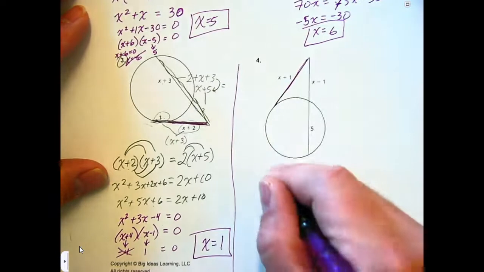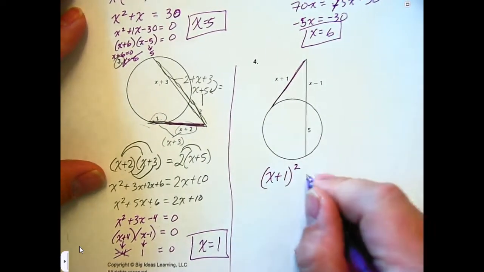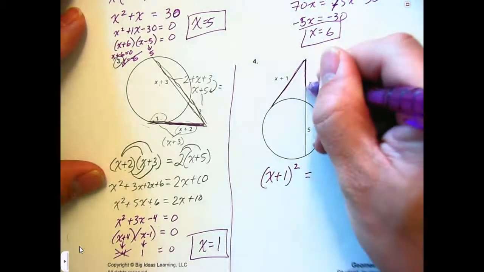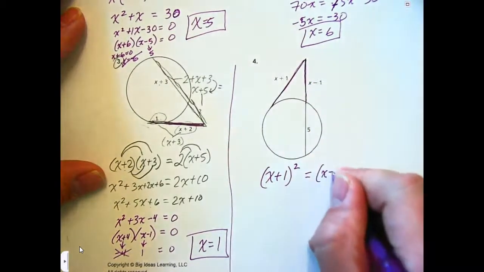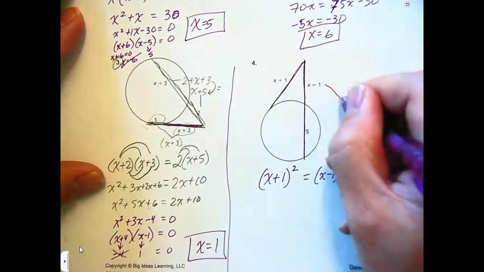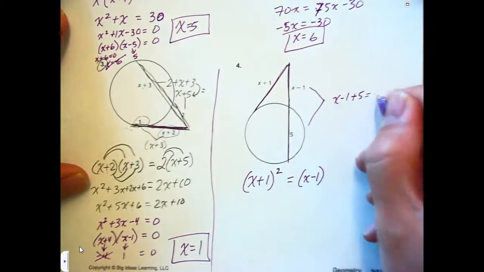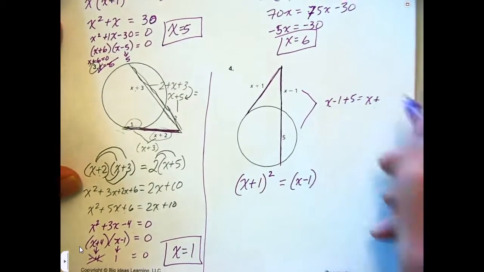This is x plus 1 quantity squared. And this one is x minus 1 times that whole thing, which is, when we combine those, you get x minus 1 plus 5, or x plus 4.